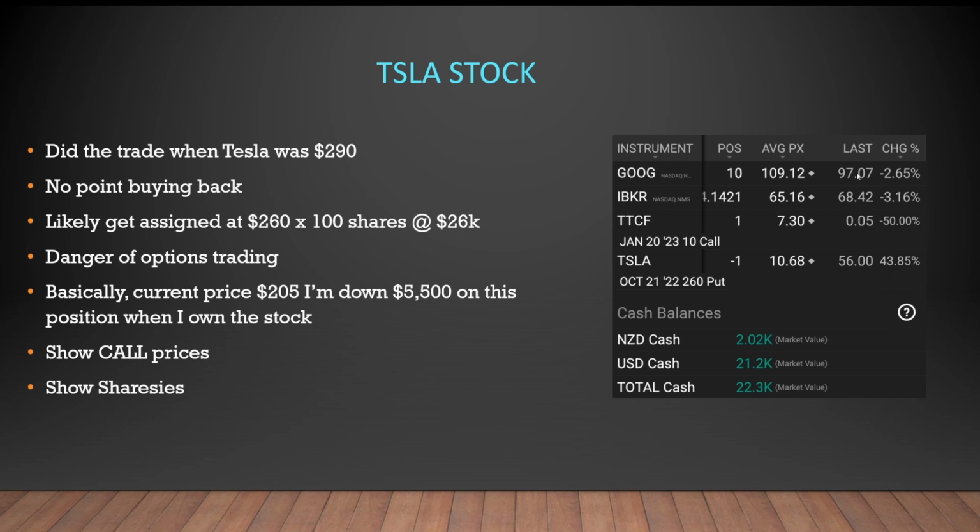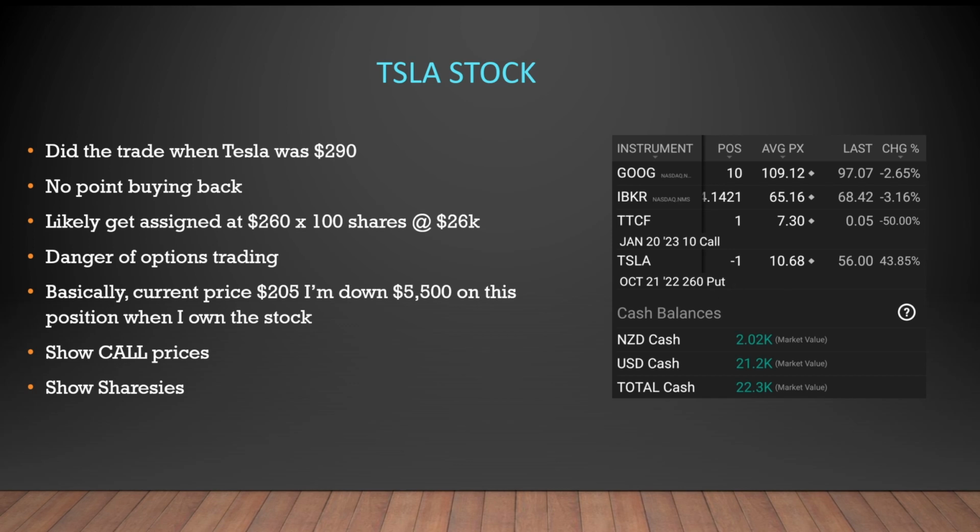On the right hand side here is a summary of my Interactive Brokers. You can see that the total account has 22.3 thousand US cash in it, and here is my Tesla position. It expires on the 21st of October 2022, and the strike price is $260 as a put option. So if it goes below that price, which it is, I will have to buy 100 shares. You can see that I got paid $10.68.